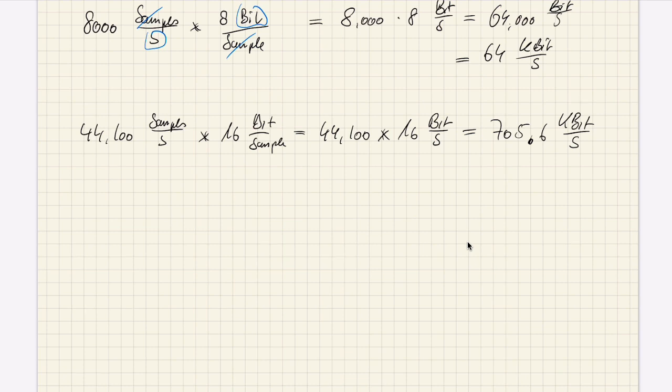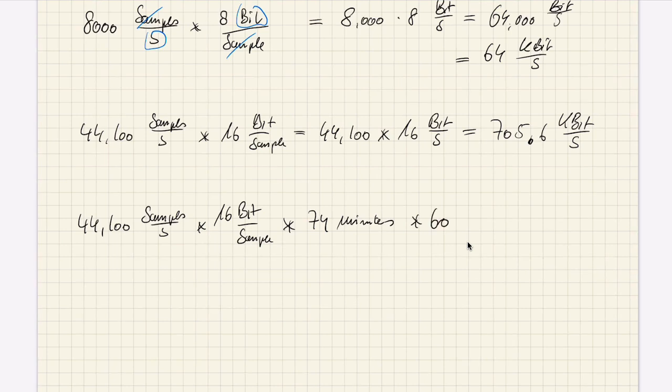So we have to take our values again and say, okay, we have 44,100 samples per second times 16 bit per sample times 74 minutes. And now we have to normalize and bring it to seconds, so we have to multiply again with 60 seconds per minute. And let's simplify, get the minutes away, get the seconds away, get the samples away.